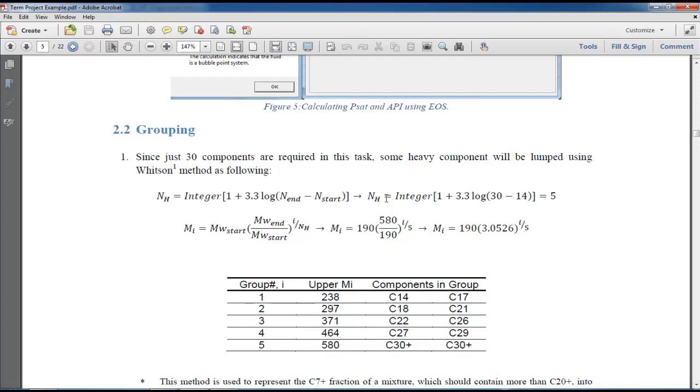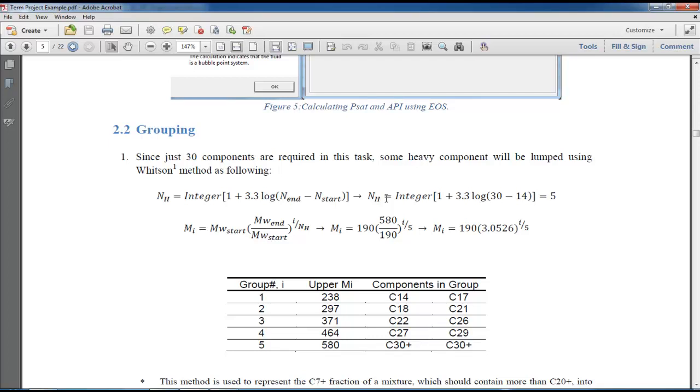You find step 1, which means group 1 for I. The equation is always the same; you change only I, which refers to the group. For group 1, it will tell you that your upper limit will be C17 by molecular weight.